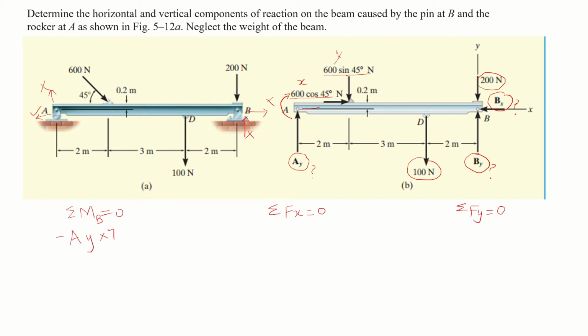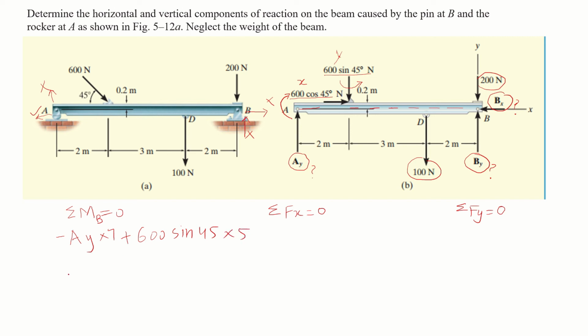The second force is 600 sine 45. This is in the downward direction, and it will rotate the beam in the anti-clockwise direction. It has a perpendicular distance of 2 plus 3, so it will have a positive sign: 600 sine 45 multiplied by 5.